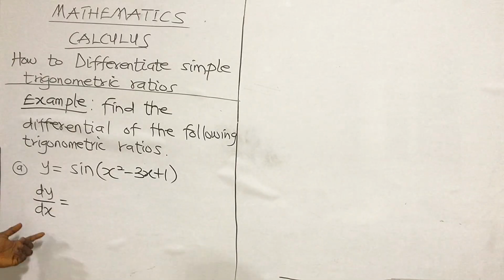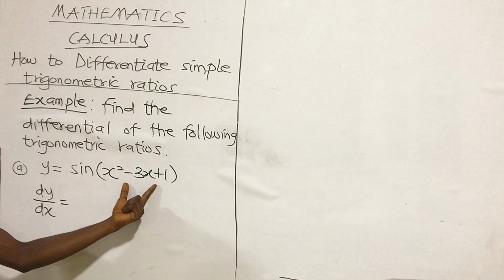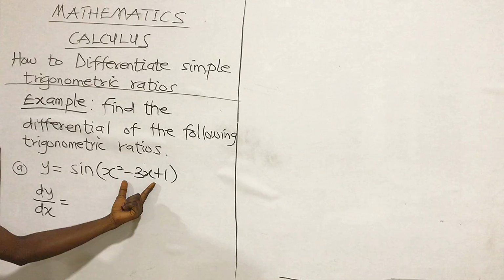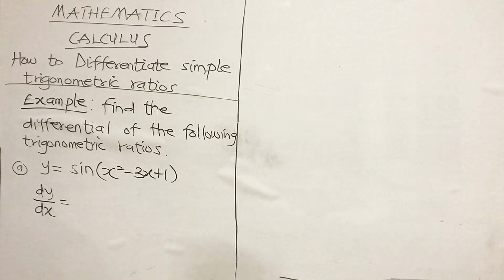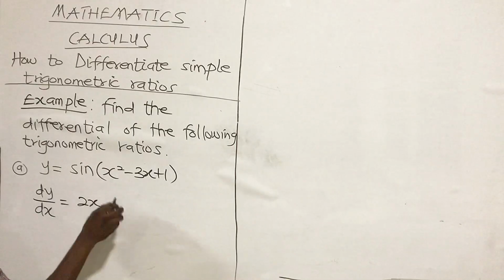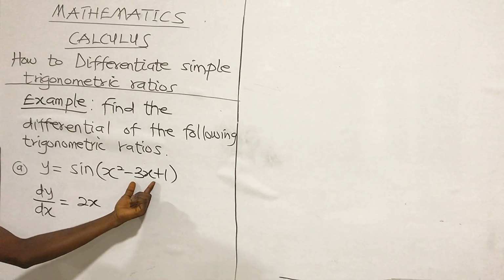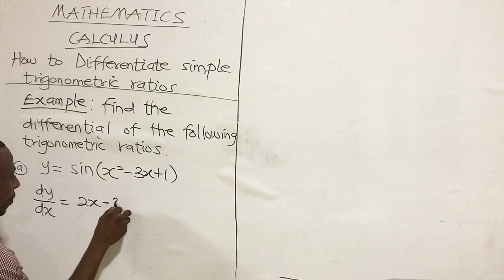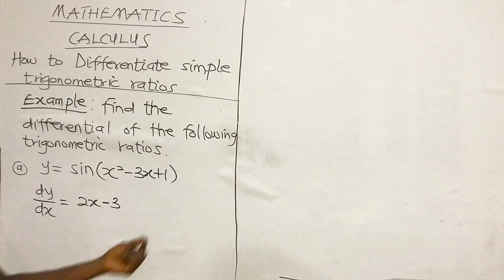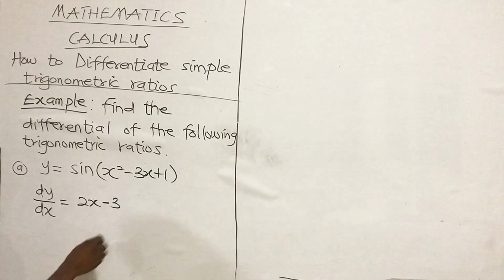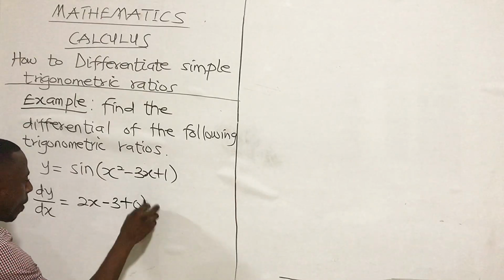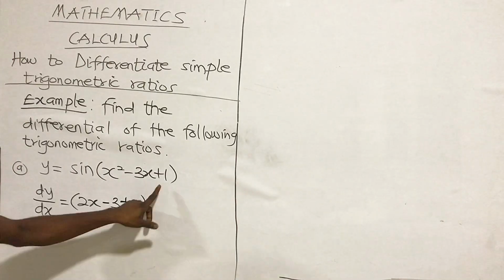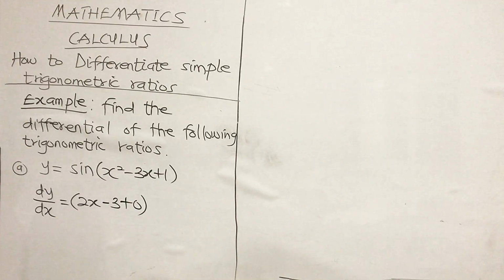So dy over dx is equal to, we are first of all going to differentiate what we have in the bracket. So when I differentiate x squared, I have 2x. When I differentiate minus 3x, I have negative 3. And when I differentiate 1, I am getting 0, because 1 is a constant.